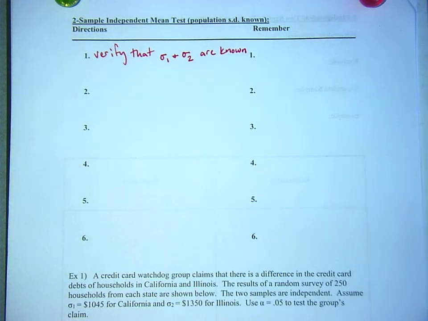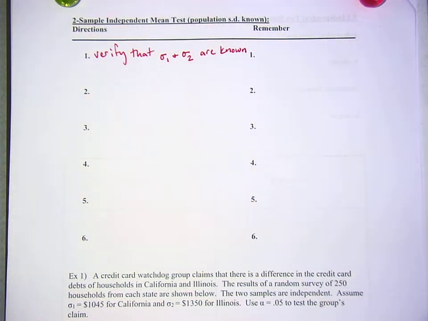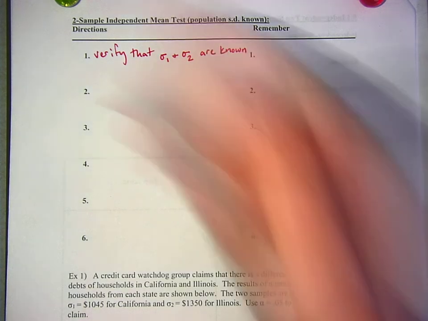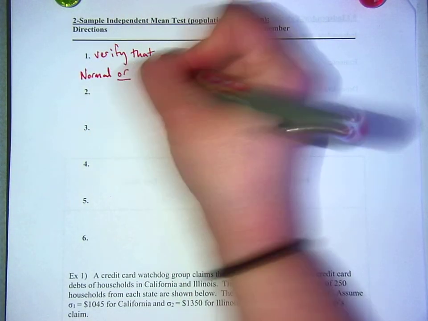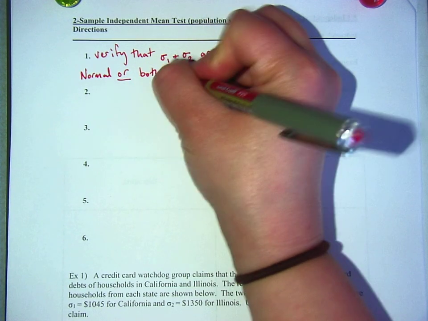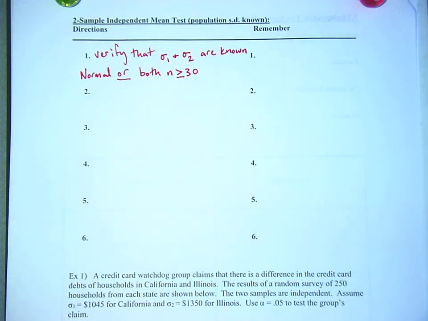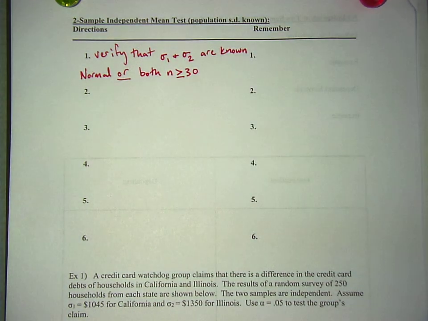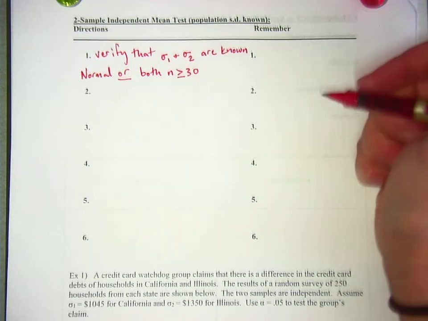Anybody have an idea why we'd have 2 standard deviations this time? Because you've got 2 groups. Okay, they need to be normal or both of the n's have to be bigger than or equal to 30. Okay, these are in the problem.